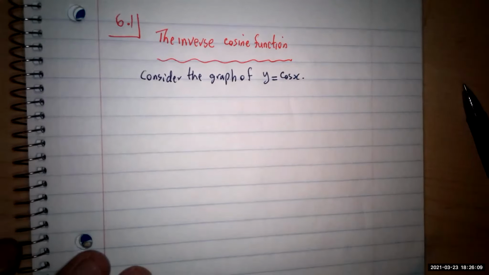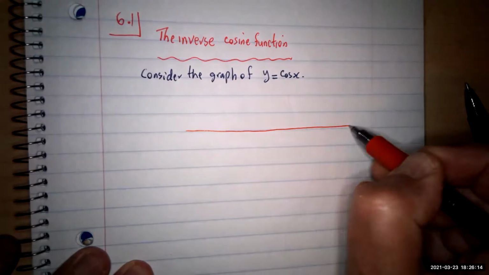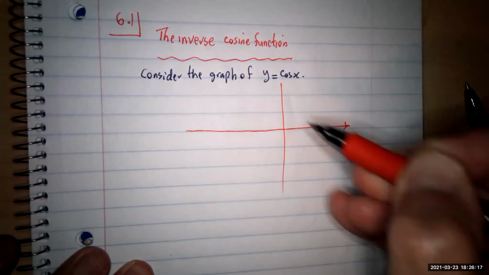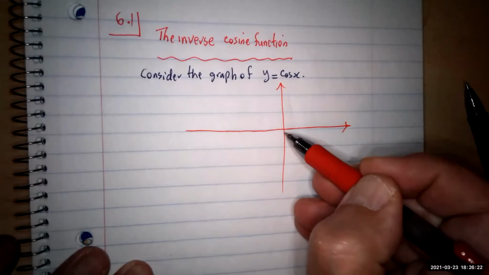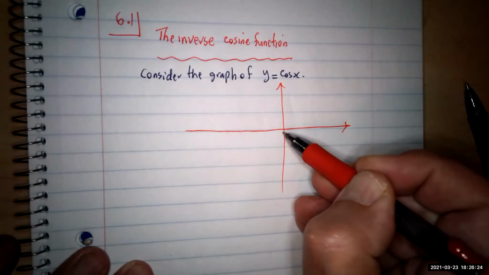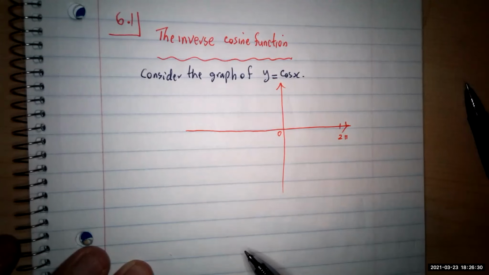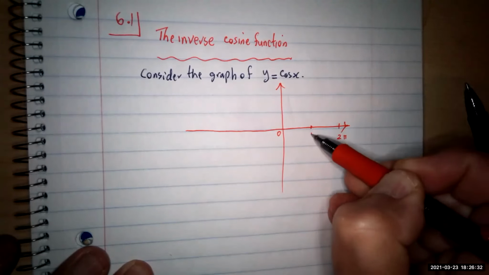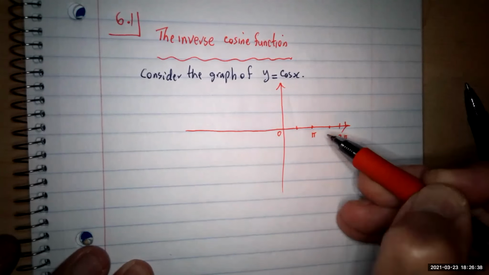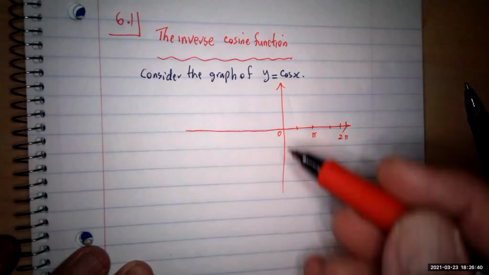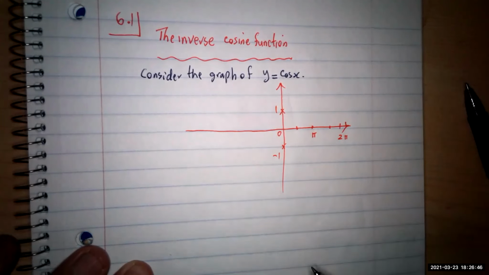You know the graph of cosine, this is it. If we want to consider the graph of a cosine, those intervals that we like. So basically this is going to be 0 and this is going to be 2 pi. You can divide it as usual into 4 parts because the period is 2 pi. You go up to a positive 1, you go down to a negative 1.